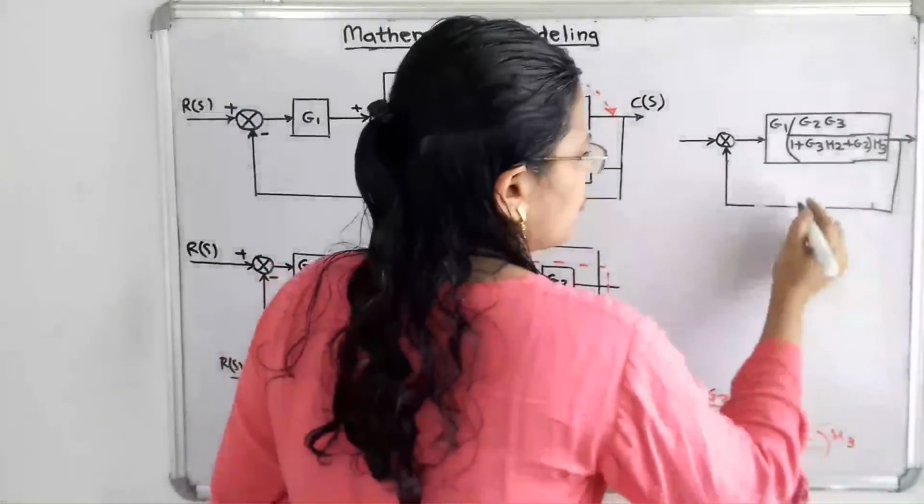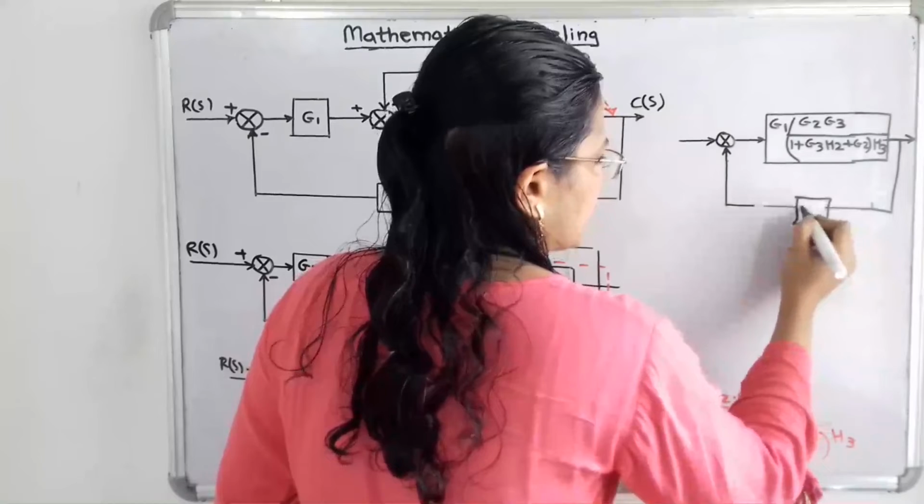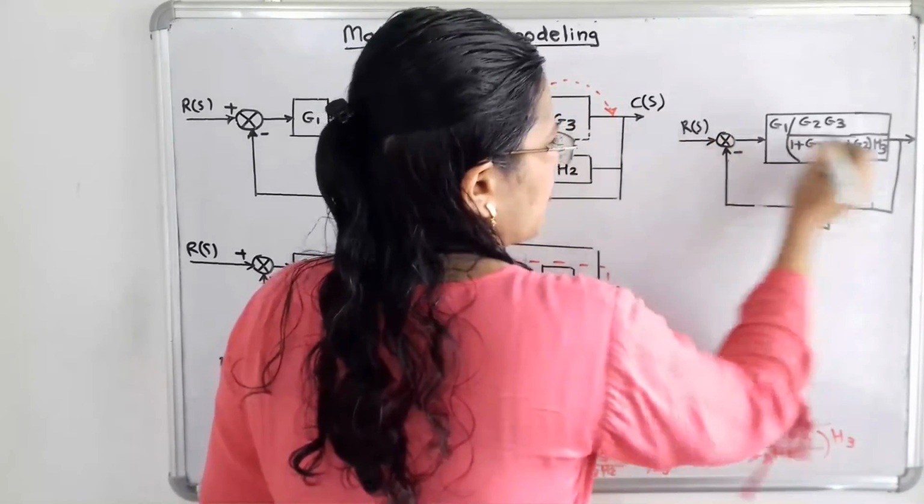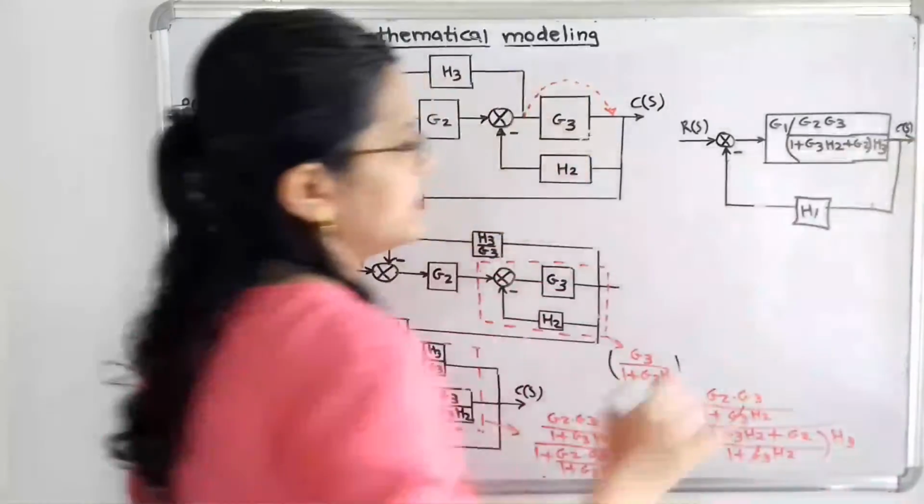So we have to show this block as H1 as it is, and we have to give here minus, and here input is R of S and output is C of S.